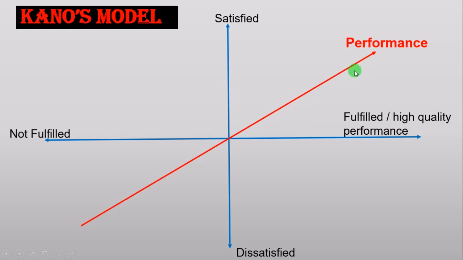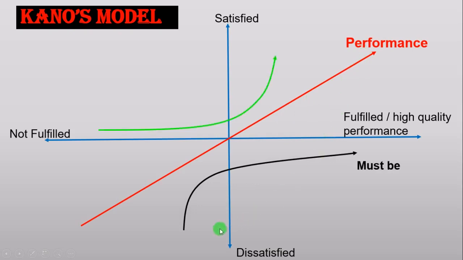Here the straight line, the one-direction line, is called performance. The second curve is called the must-be category, and the third curve is called the expector excitement. These are the three most important requirements given by Kano, and he shows these requirements in this way.